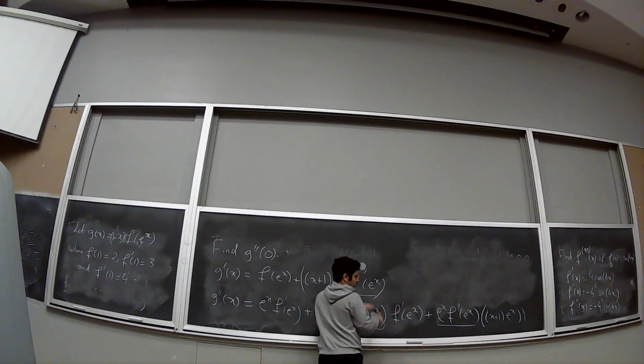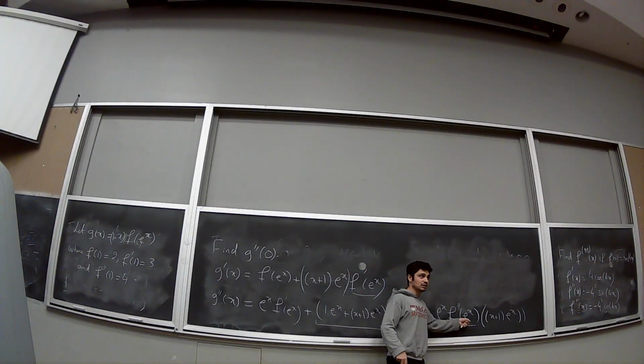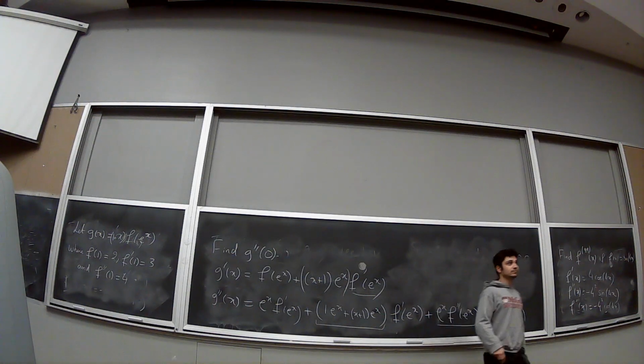Now you differentiate the second one, this one, and you keep the first one fixed. Are we good here? Everybody, is it better? In the back? Questions? Yeah, we good? Is it clear? Okay, great.